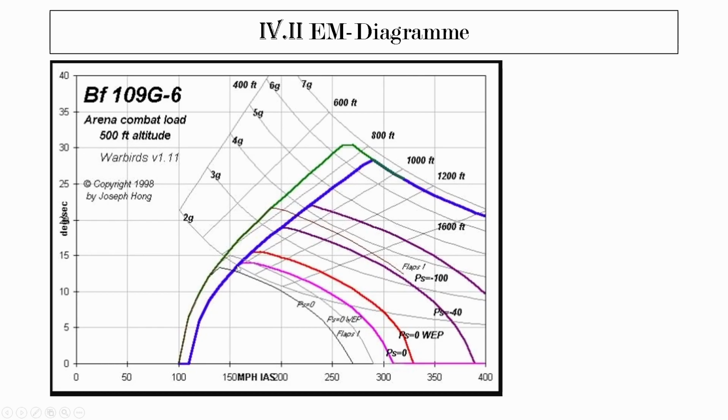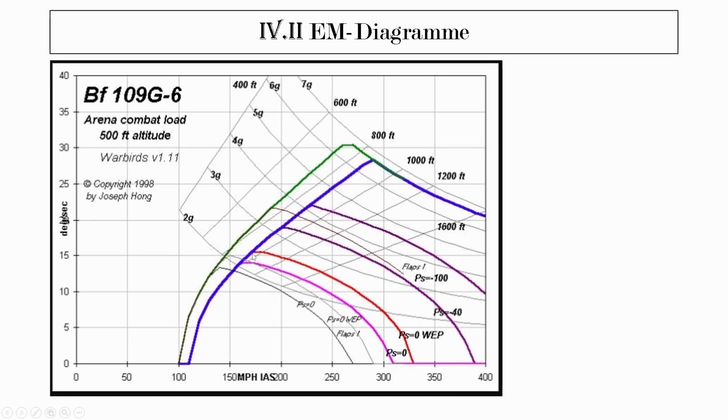Okay, now what you can see here, these curves are your excess power lines. So as you can see here, PS equals 0, PS using WEP equals 0. In this case, these are your constant energy lines, okay?